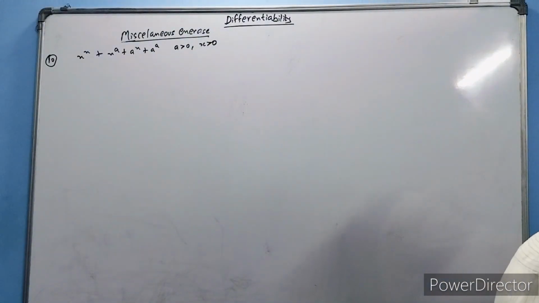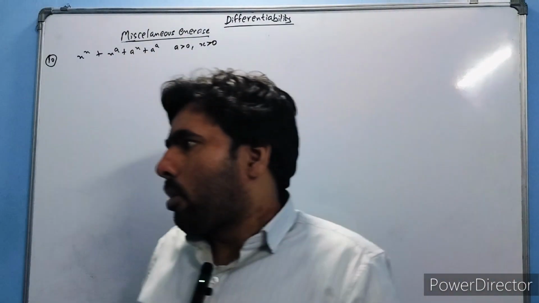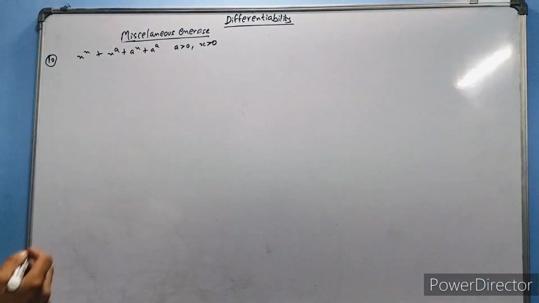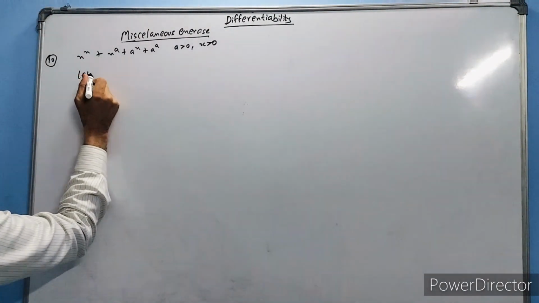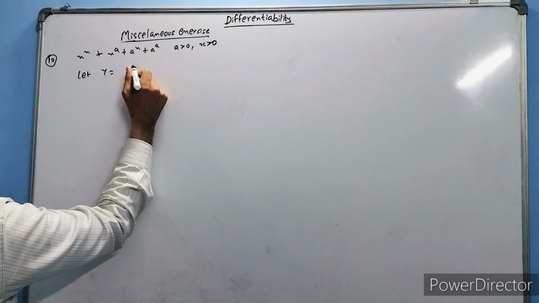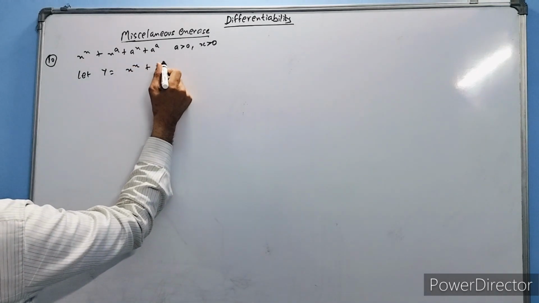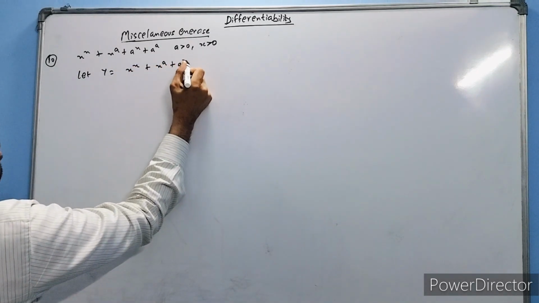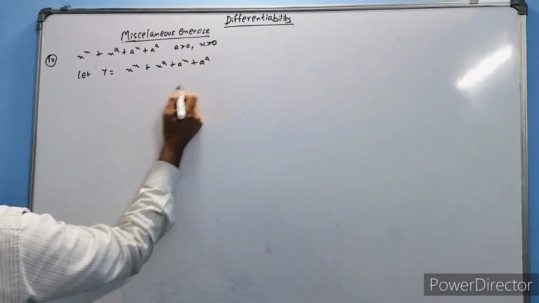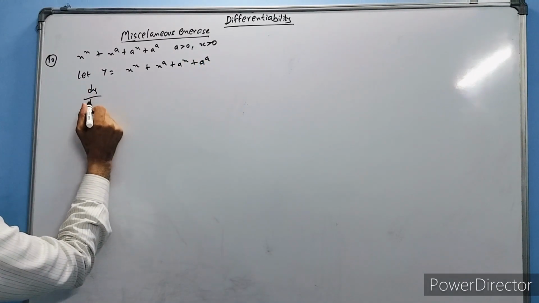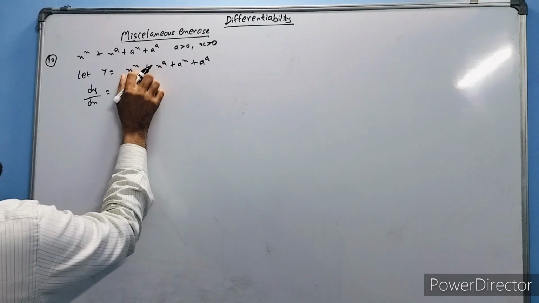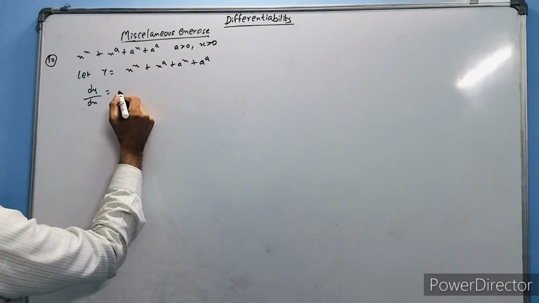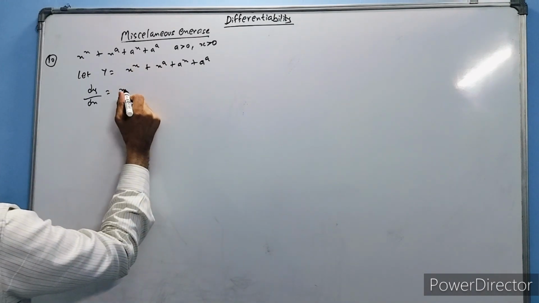So now we'll try to differentiate. Now how, let us see. Let y is equal to x power x plus x power a plus a raised power x plus a raised power a. So we'll differentiate it. We'll differentiate this. So we have x into d upon dx of x.